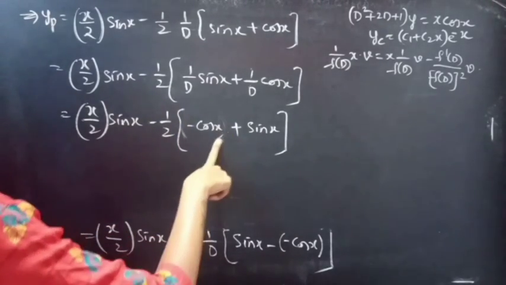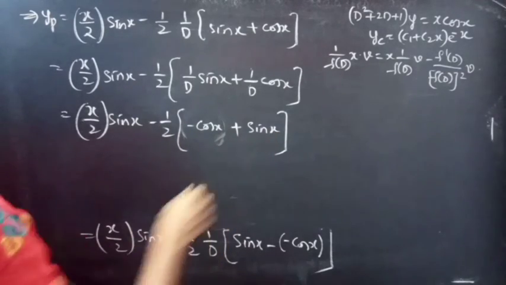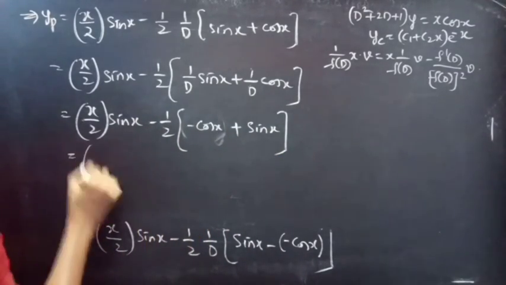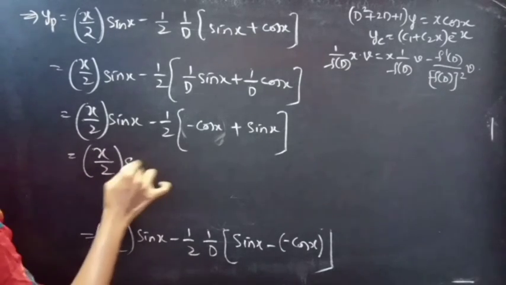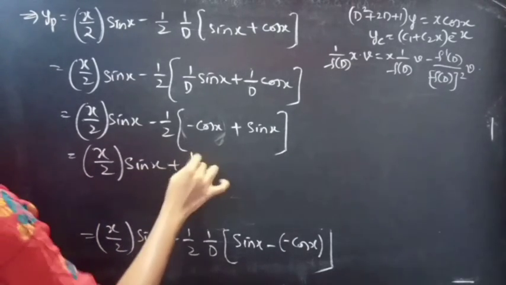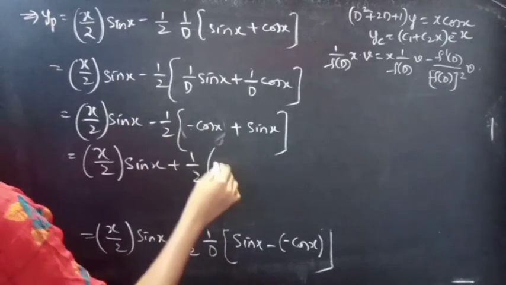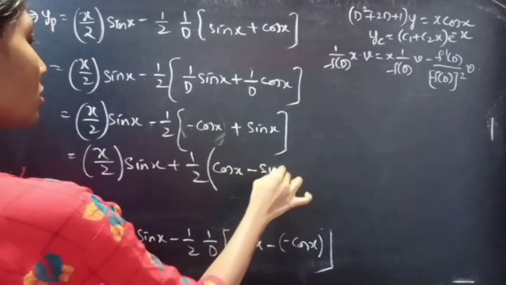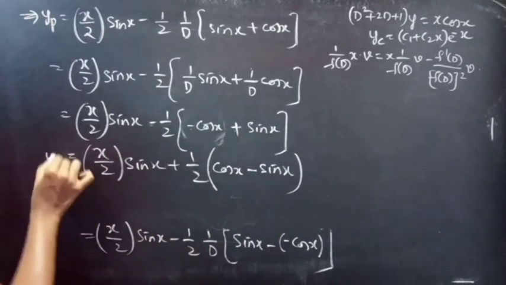Now, take this minus inside the brackets, or multiply these two terms with minus. We'll get x by 2 sin x plus 1 by 2 into minus plus cos x minus into plus minus sin x. We'll get the same yp.